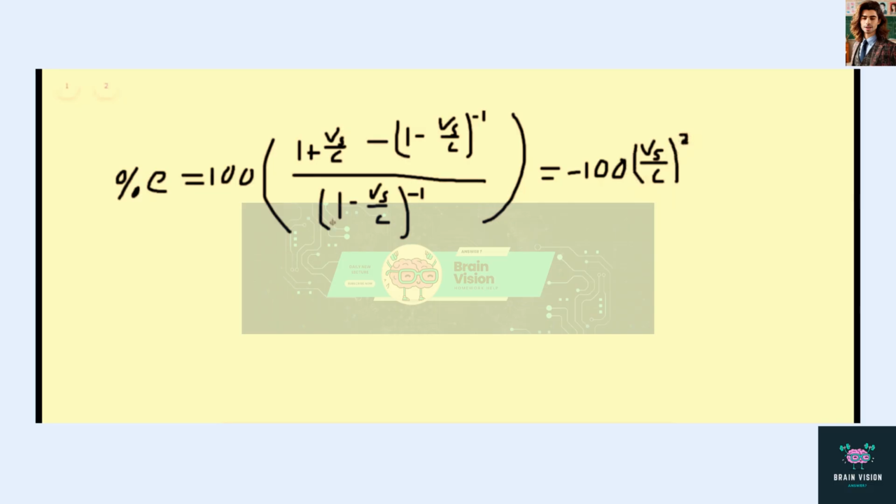Plug in those known values, and we find that this is equal to minus 0.28% as the percent error with those given values using that approximation. Box that in as a solution to part B.